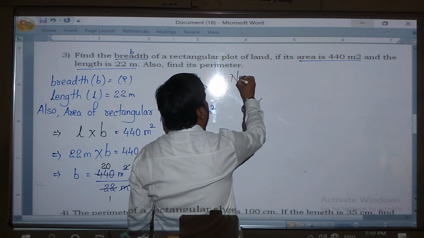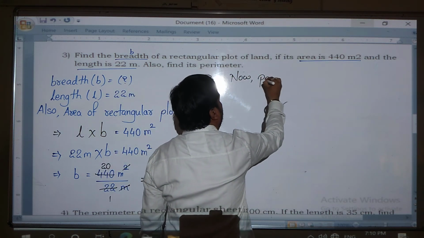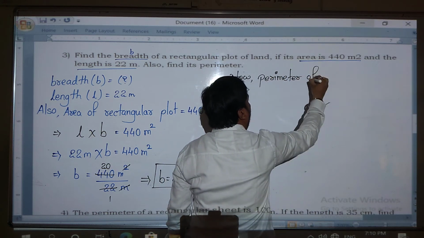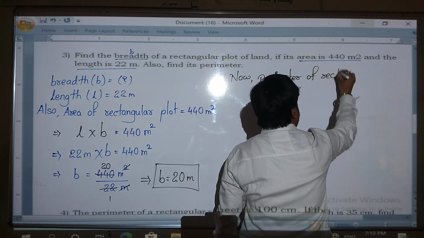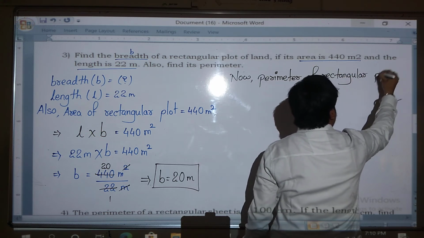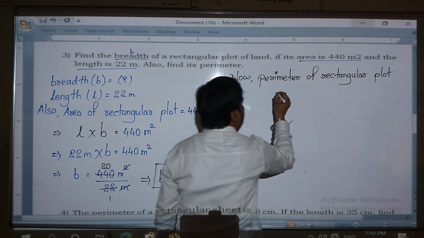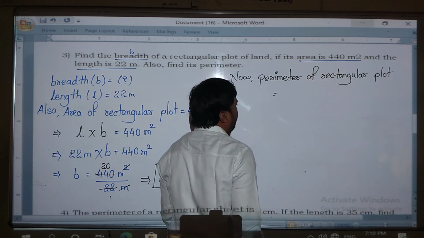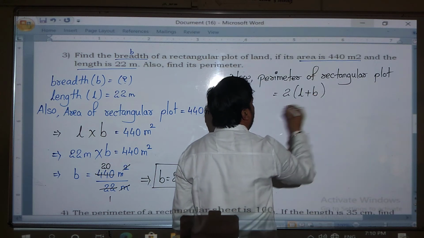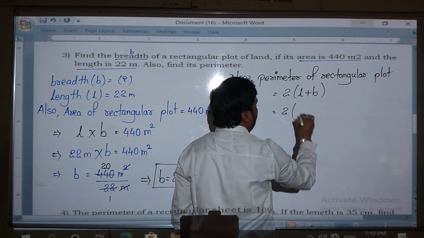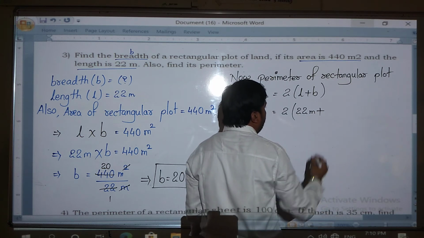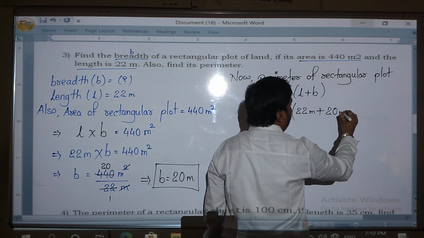What we have to find? Perimeter. Perimeter of rectangular plot. So that is equal to what is perimeter of rectangle? 2 times L plus B. So that is 2 times 22 meter plus 20 meter.